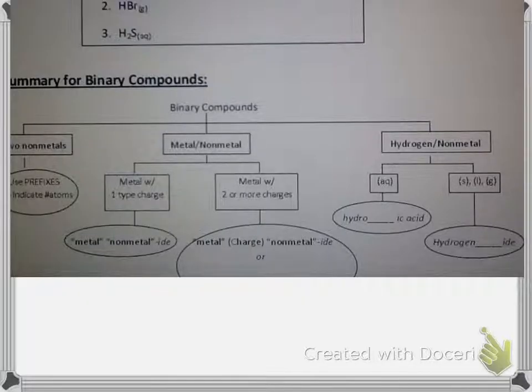So I'm just going to summarize kind of what we've done so far in this chapter. We looked at the name of ions when we started, but basically we've been looking at naming compounds and how we would name compounds, according to the type of particles or the type of atoms in the molecular formula. So if you have a binary compound, which means you just have 2 different types of elements in your compound, you're going to look at what types of elements you have.